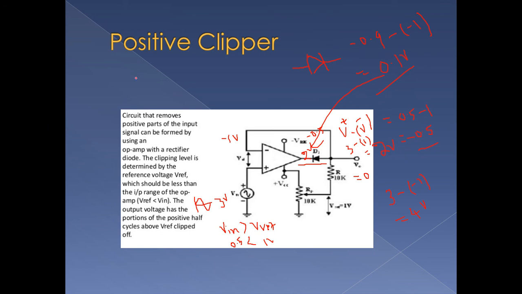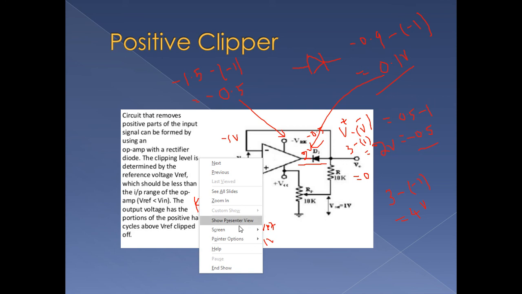Now I am considering Vin as minus 1.5 volt, and Vreference is minus 1 volt. Now you will check: the output will be minus 0.5 volt. Now I am getting negative voltage in the output side, so the diode will get forward biased.